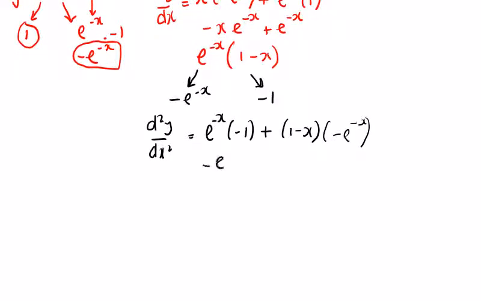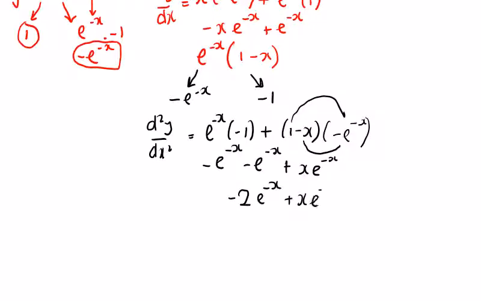So we're going to get minus e to the power minus x, and we have 1 by this guy, which is another minus e to the power minus x, so we have 2 of them, and we have plus x e to the minus x. So we have minus 2e to the minus x plus x e to the minus x. So we have e to the minus x times x minus 2.